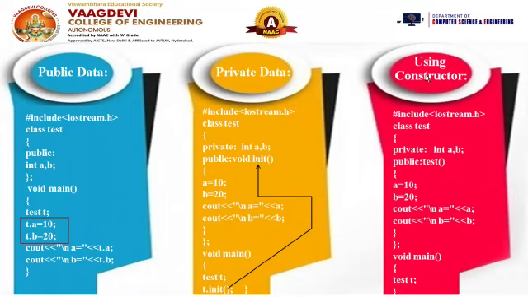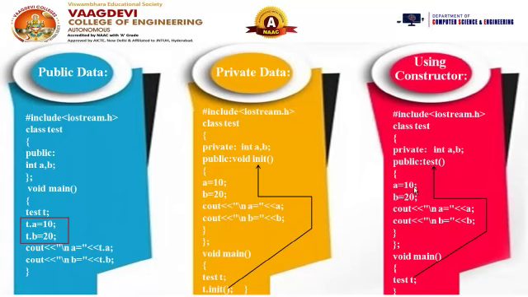C++ provides a mechanism by which when we instantiate an object, a constructor is invoked right at this point, and this constructor can be used to initialize the values of data members as required.